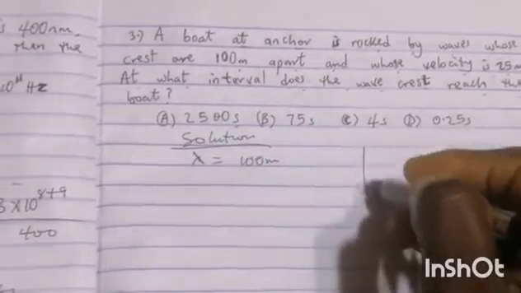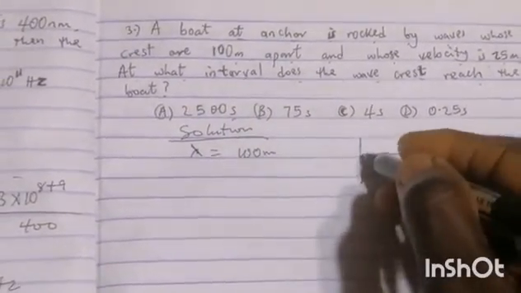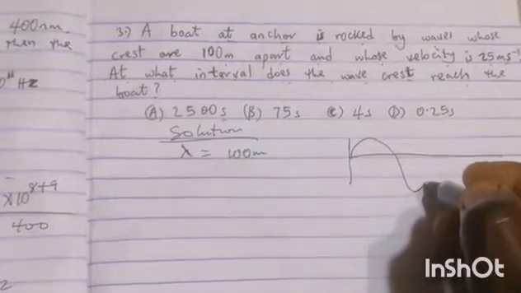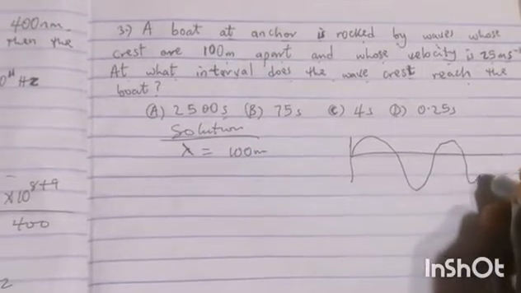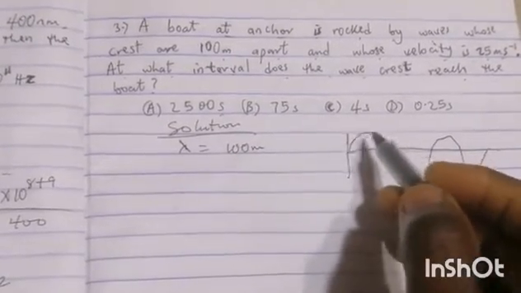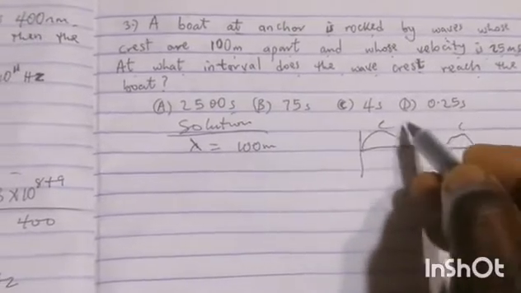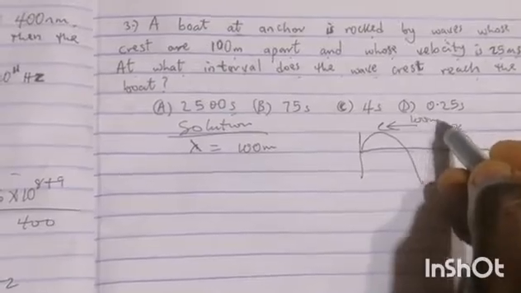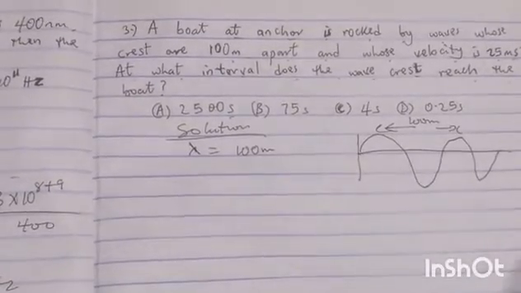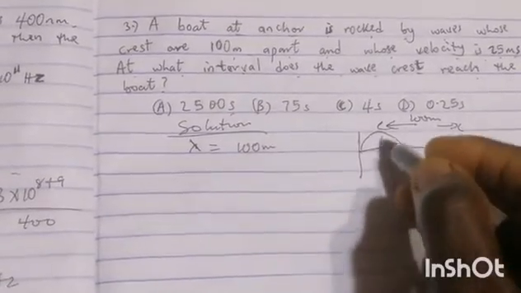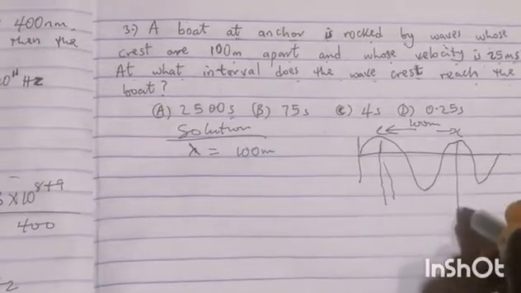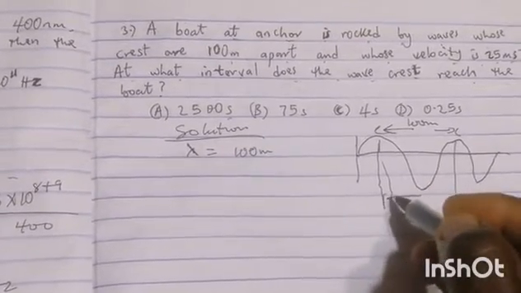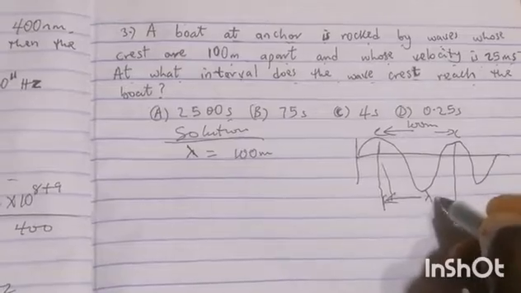So if you want to sketch it, it's just something like this. What they are telling us is something like this. Don't mind my drawing. So this one crest here, one crest here. So the crests are actually 100 meter apart. So that is a wavelength. The distance between two successive crests is your wavelength.